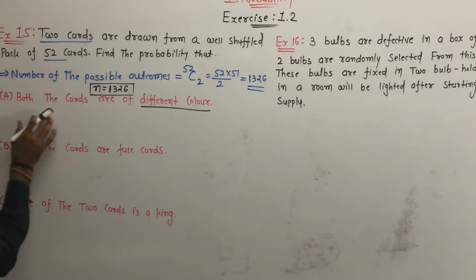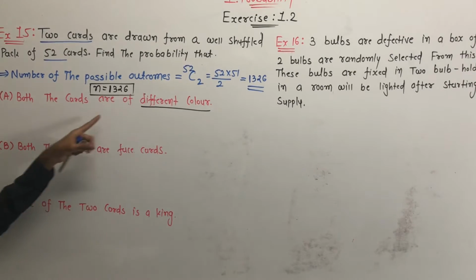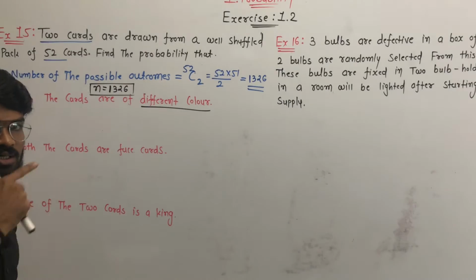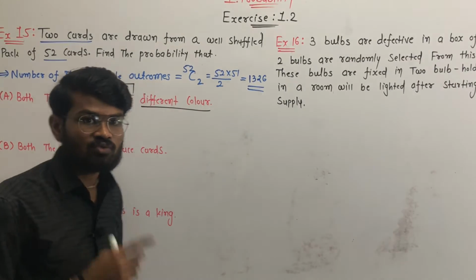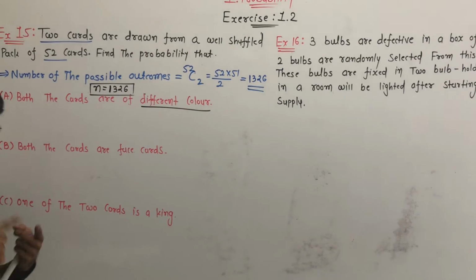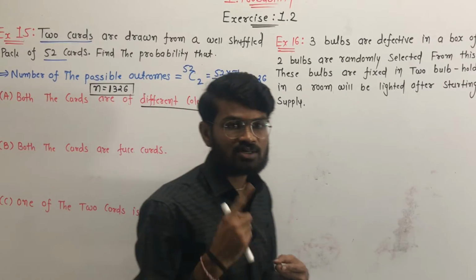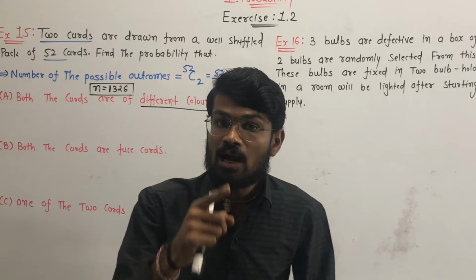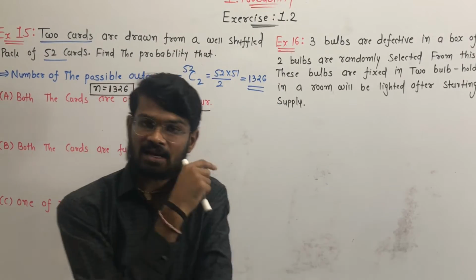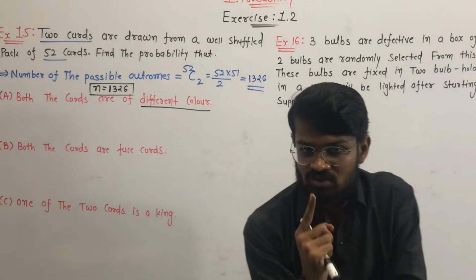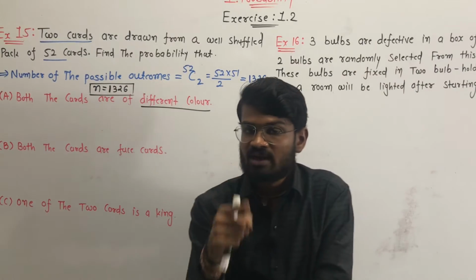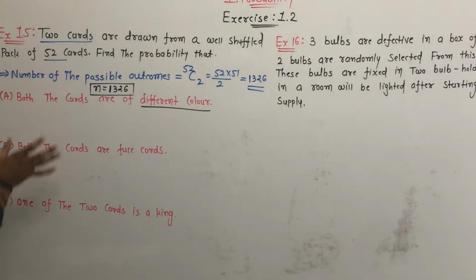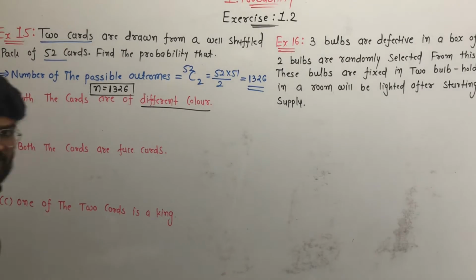So we have to select one card out of the 26 black cards and one card out of the 26 red cards.